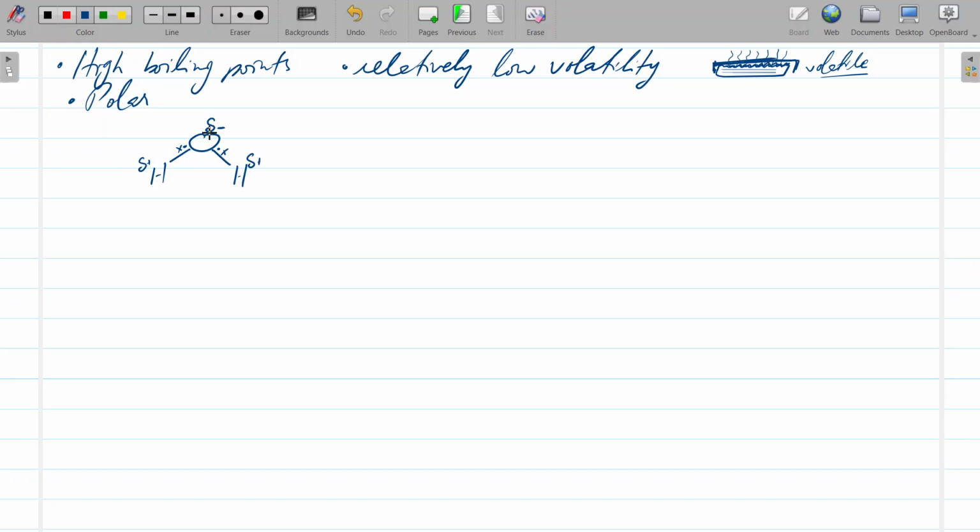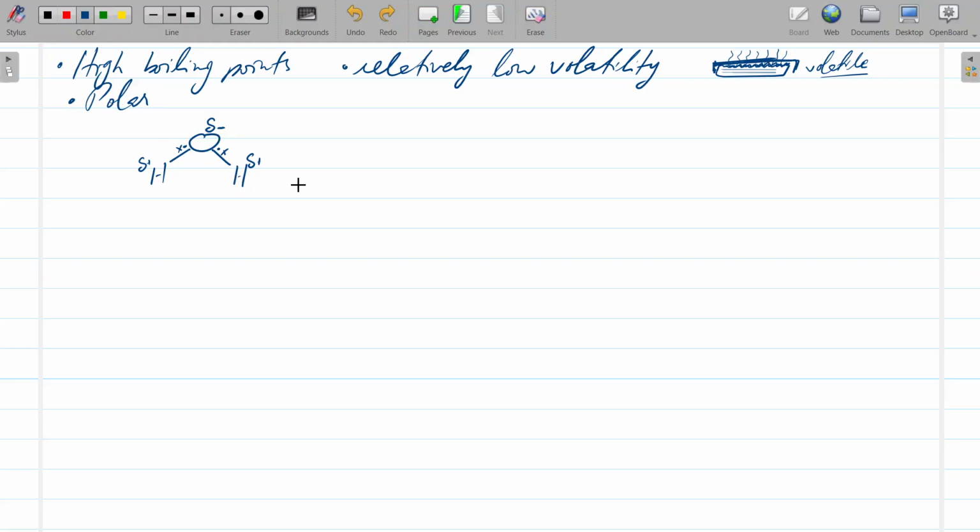What I'm writing over here is the Greek symbol lowercase delta. You're familiar with the triangle, which is the uppercase delta in the Greek alphabet. The lowercase looks sort of like an S with a very curvy lower part, and it means a slight negative and a slight positive charge.